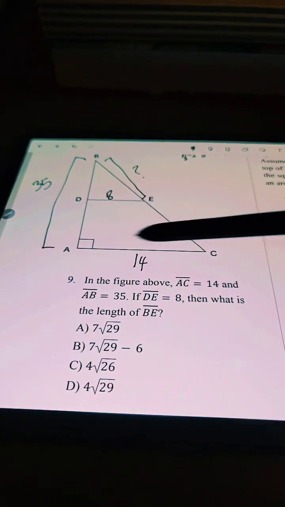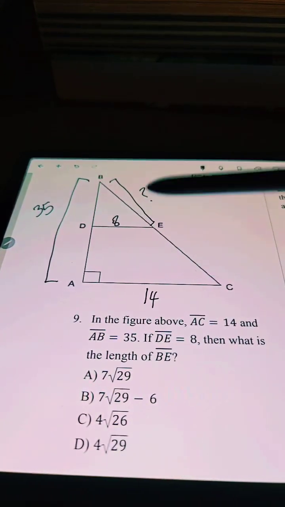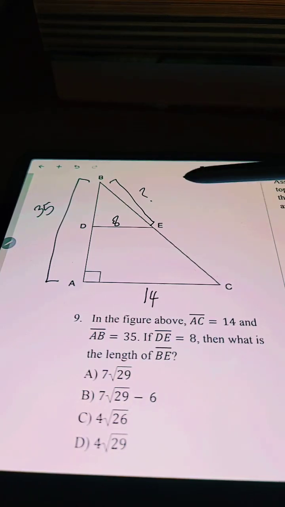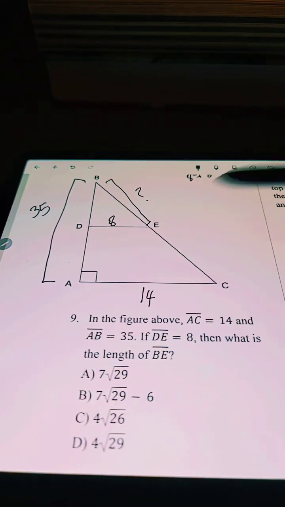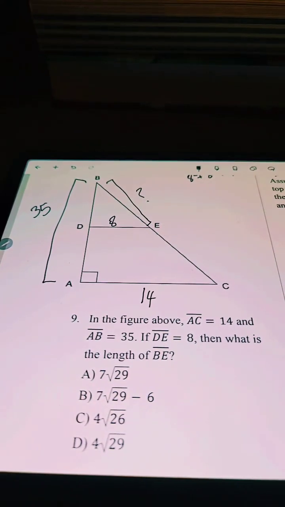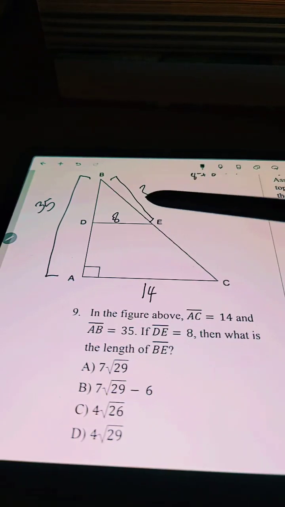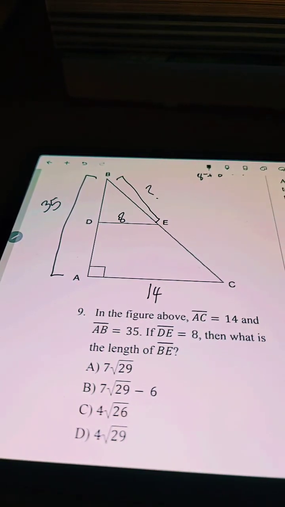So this big triangle is a right triangle, right? So I could find out what BC is by using the Pythagorean theorem. And then once I find out what BC is, I could set up a ratio, because these are similar triangles. So I could set up a ratio, or a directly proportional relationship, that says something like 8 is to 14 as BE is to the whole side BC.